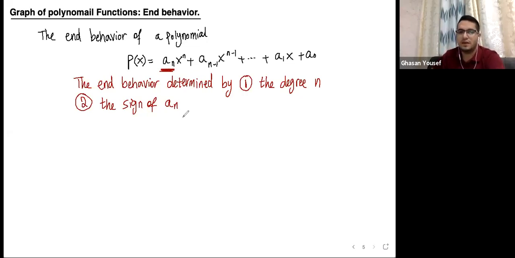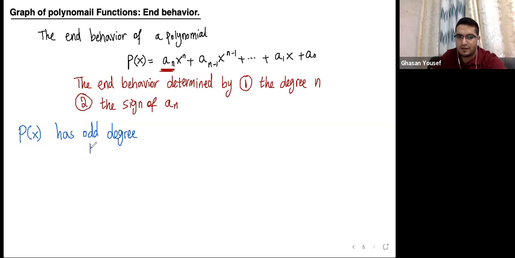This is what I mean, the sign of a_n. Is it positive or negative? So I'm going to start with the first one. Suppose my b of x, do you see this b of x? This is the same one here. So b of x has odd degree.